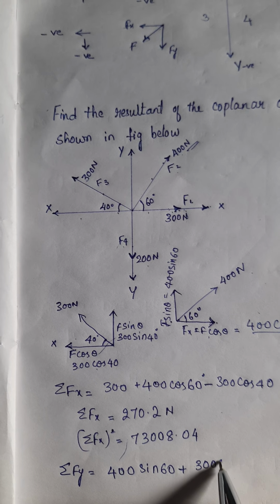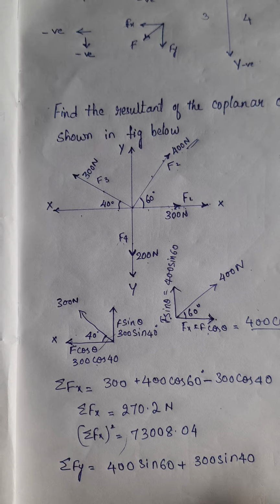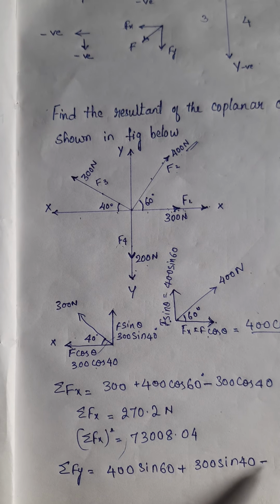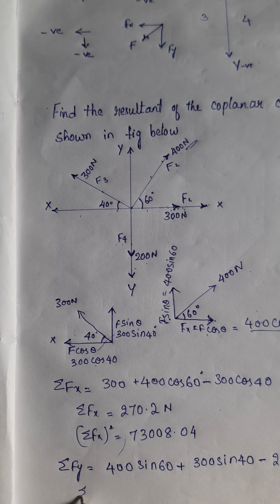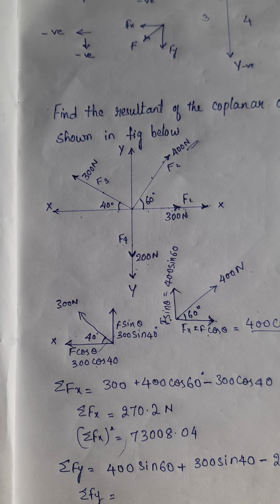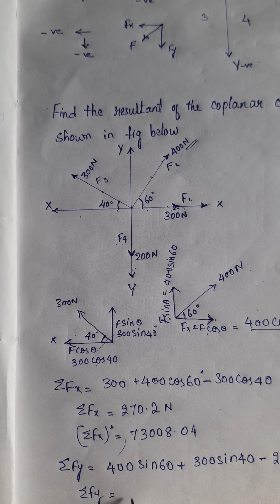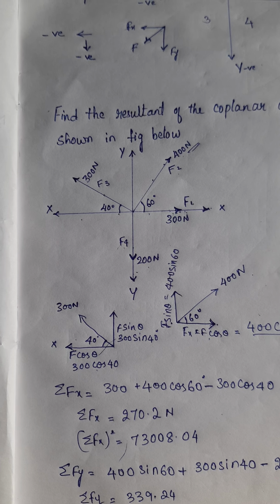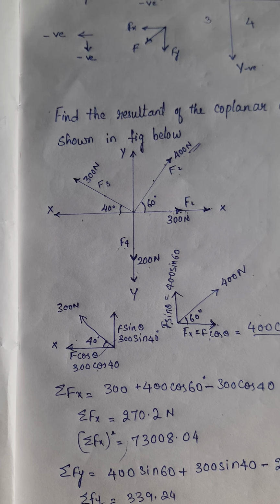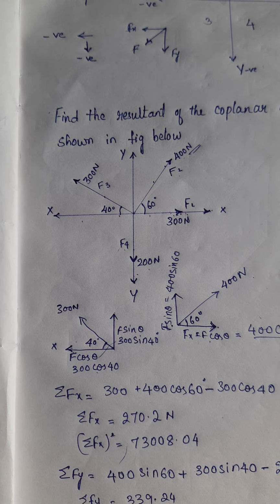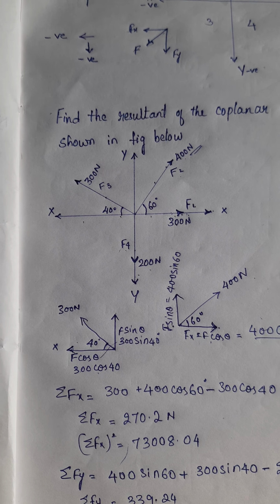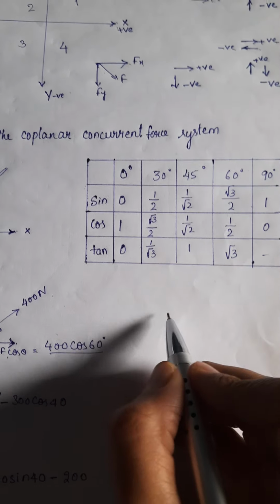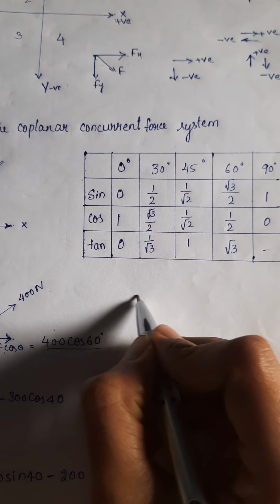The force is 300 sin 40. The last force F4 is downward. Downward is negative, so minus 200. We get the answer for Fy as 339.24, and Fy square, for resultant purposes, is 115088.15. Cross verify with your calculators, and then we'll go on to solve for the resultant.